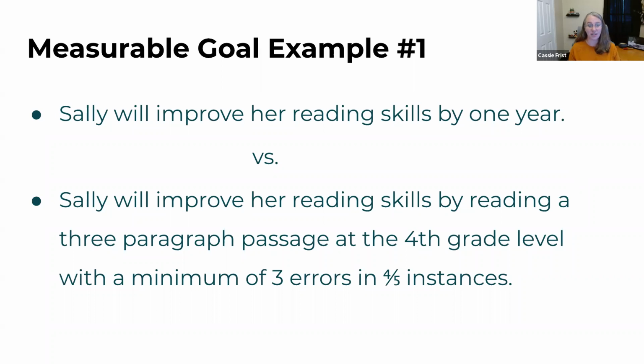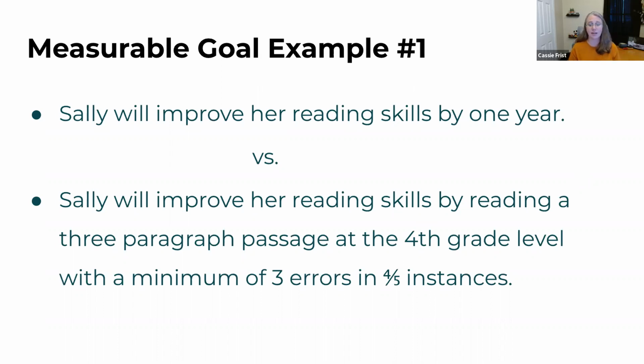Okay, well, 5 is a great number because there's 5 days in a week. So for an educator, most weeks, that'll work pretty well for me. So maybe every day we're going to have her read a 3-paragraph passage and document how many errors. So the question would be, when Sally is reading a 3-paragraph 4th grade passage, how many errors is she making? In our results, we're just going to tally.